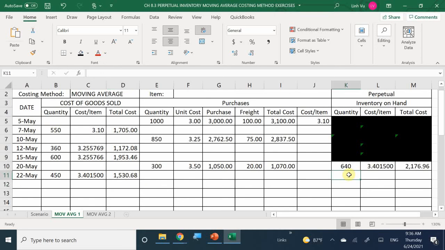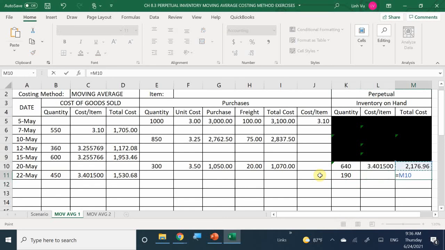Now that I have my cost of goods sold here, let's go ahead and update my inventory. So what's my new quantity? 190. Good. What's my new total cost? 646.28.